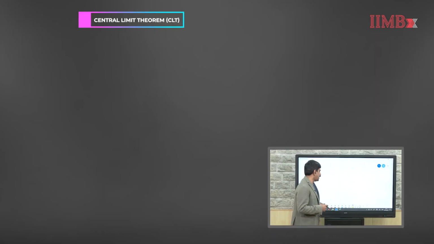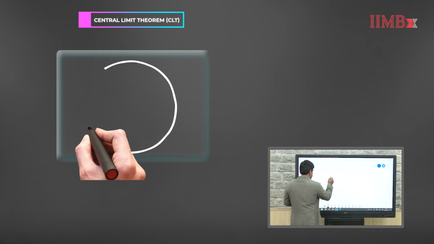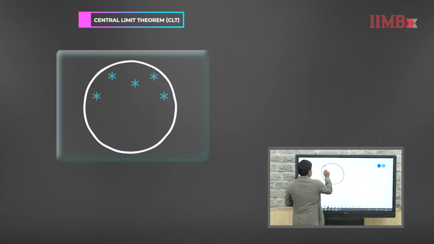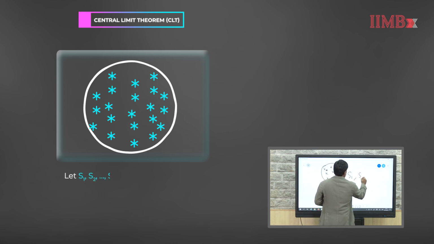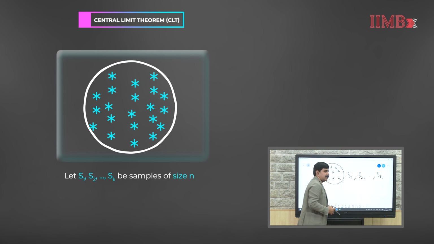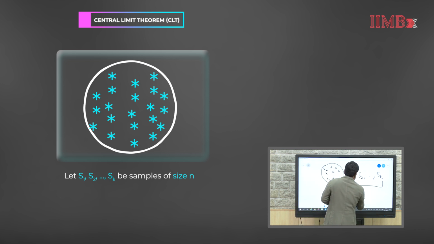Let us assume that we have a population with several records in the population. From this population we draw several samples. Let the samples be S1, S2 and so on, Sk. So, I am drawing k samples and I am going to assume that the size of each sample is n.